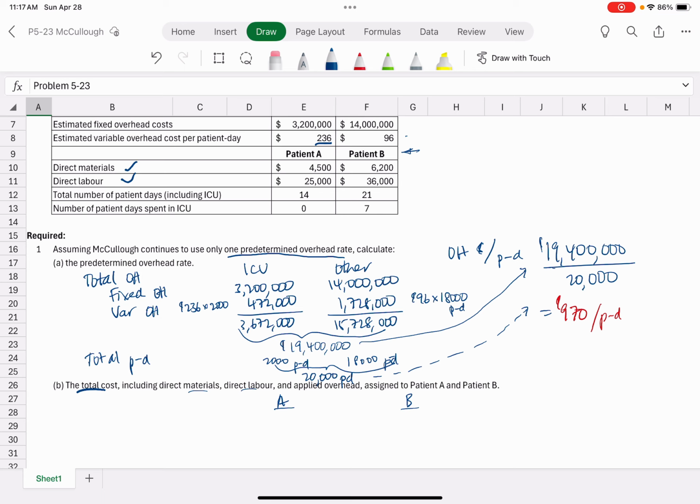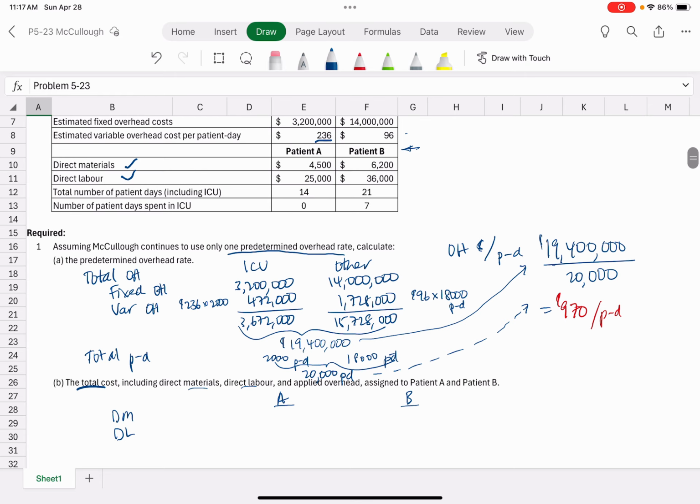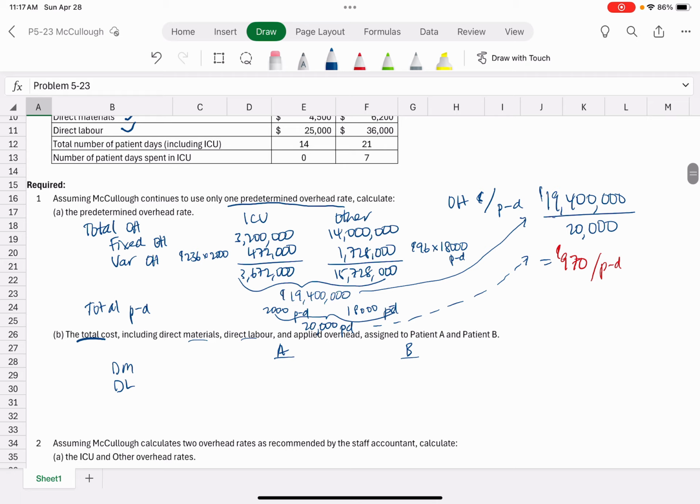So I'm going to write these down, DM, DL. Let me just move this up a bit. 4,500 for A, 6,200 for B, and we had 25,000 of direct labor costs for A and 36,000 for B.